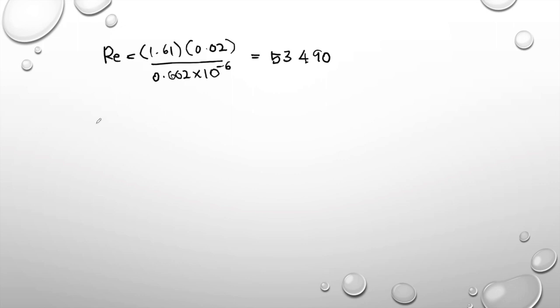First is developing laminar flow, and the second one is fully developed turbulent flow. If your Reynolds number is much greater than 10,000, then your flow is fully developed turbulent flow. Here we have 53,490. Therefore, I will assume that this flow is fully developed turbulent flow because the Reynolds number is greater than 10,000.